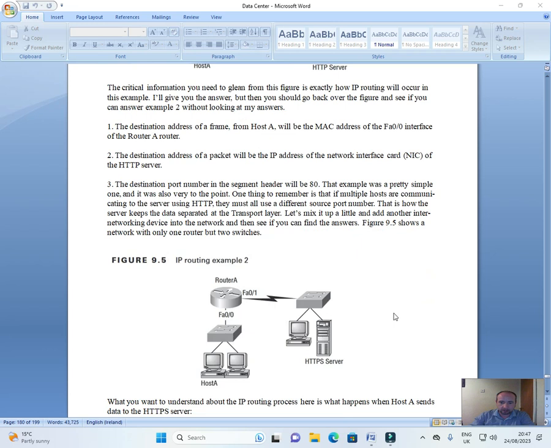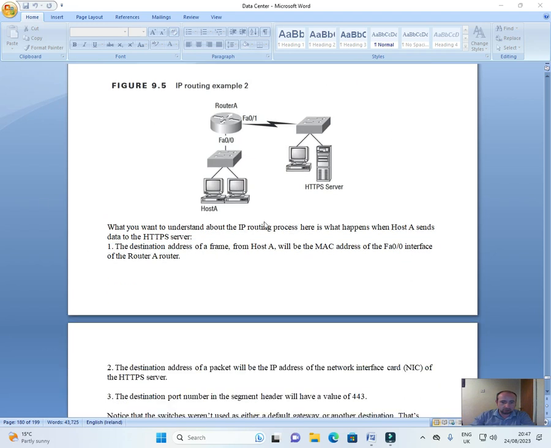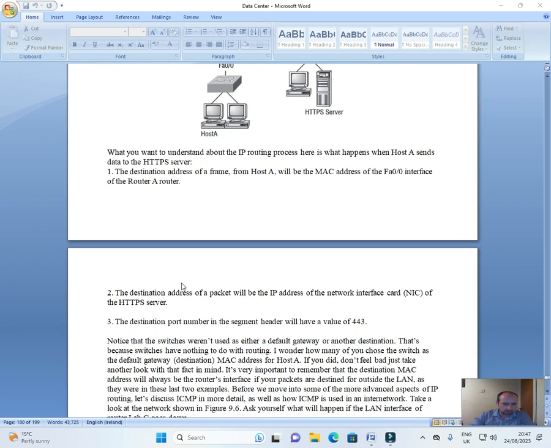Figure 9.5 shows a network with only one router but two switches. What you want to understand about the IP routing process here is what happens when host A sends data to the HTTPS server. The destination address of a frame from host A will be the MAC address of the FA0/0 interface of the router A router.